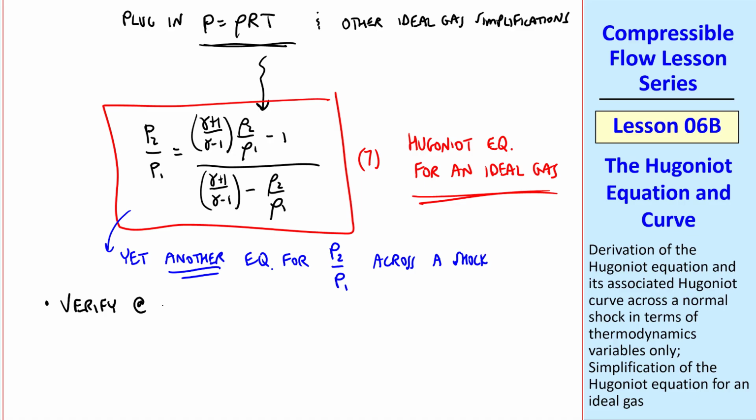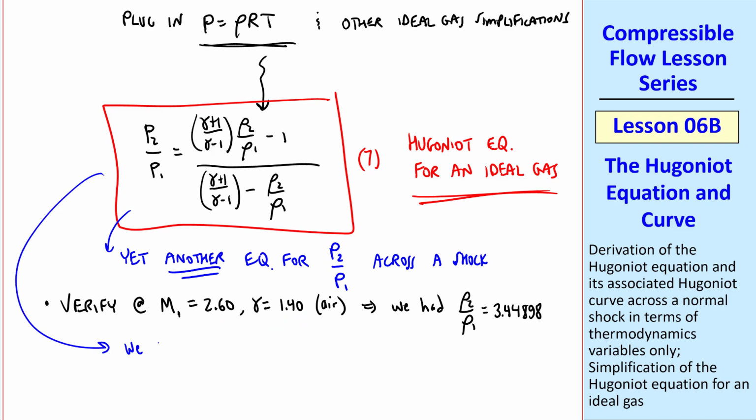Let's verify this at our standard test case, which was M1 equal 2.60 and gamma equal 1.40. From previous lessons, we had ρ2 over ρ1 equal 3.44898 at this Mach number and ratio of specific heats.